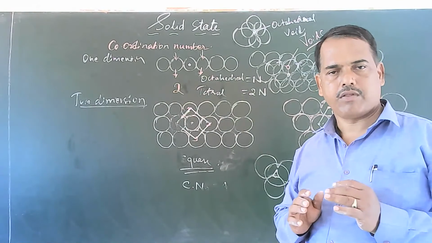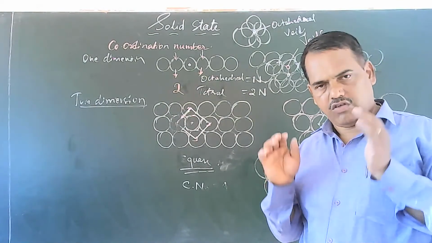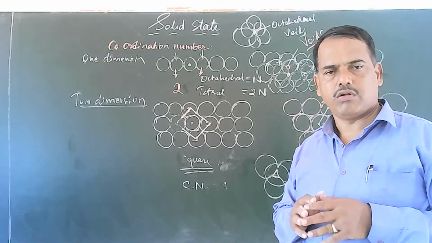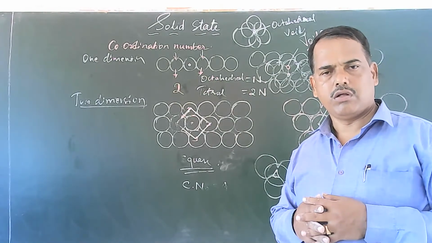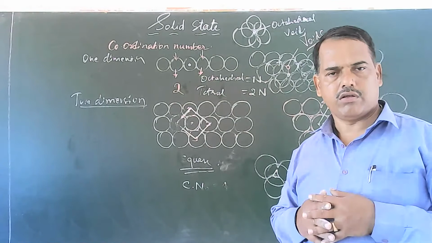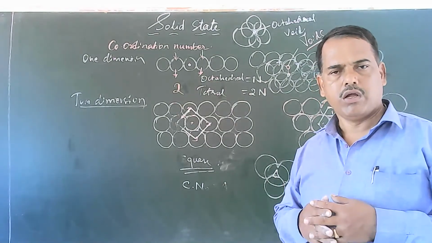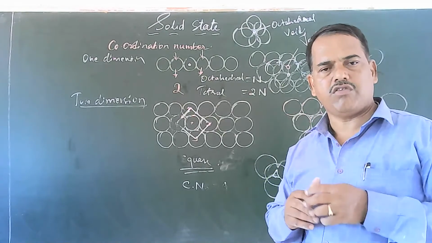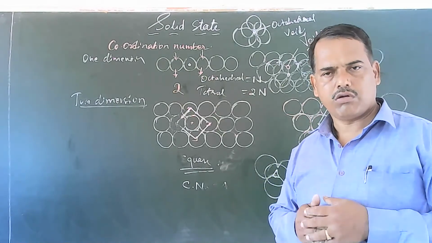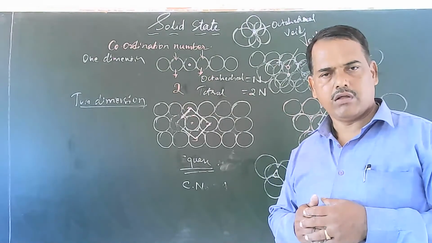Just see the diagram. See, calmly you observe, you can draw it. What is coordination number? Nearest neighbors of a particle is nothing but the coordination number. That means how many other atoms one atom touches, that's all. Nothing more. Are you clear?